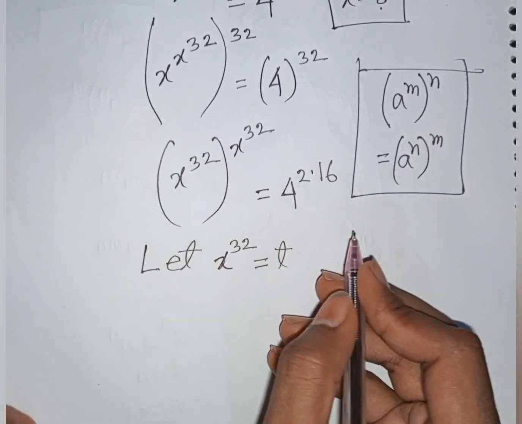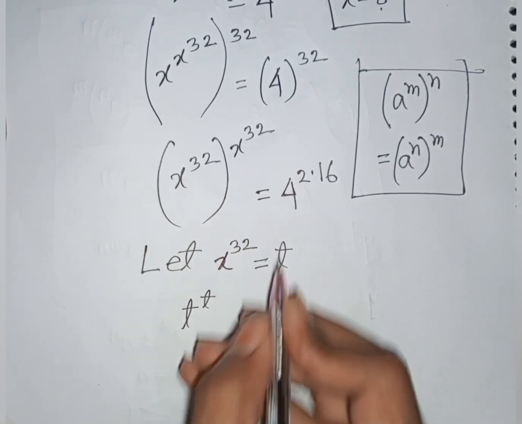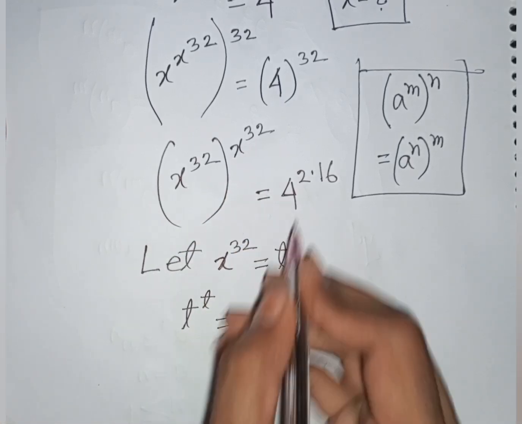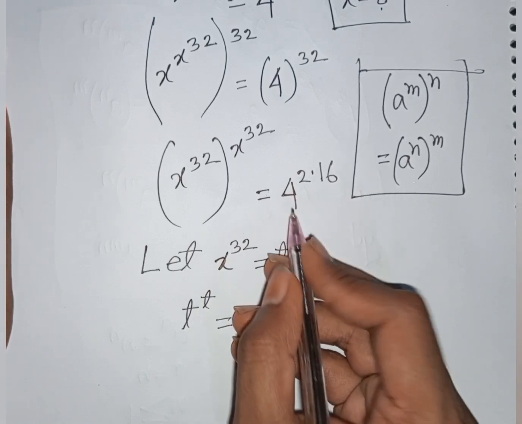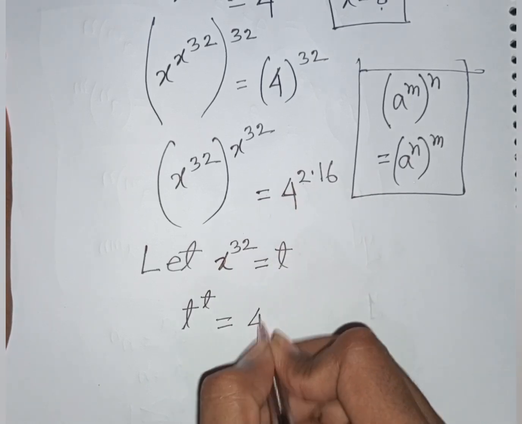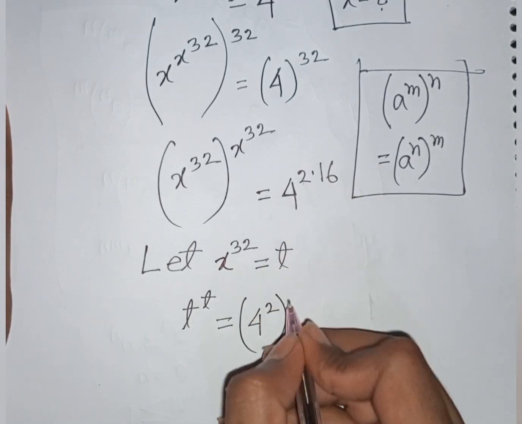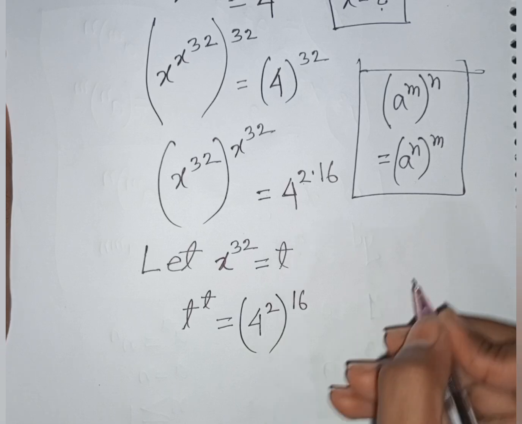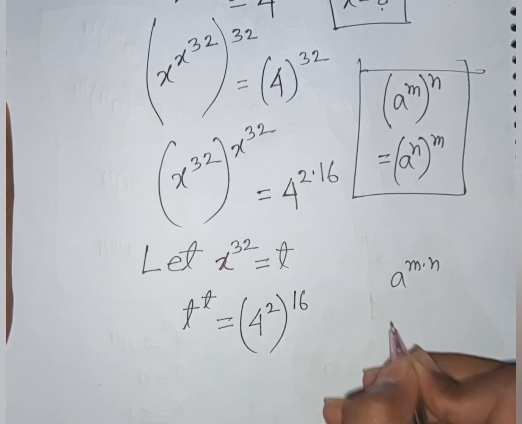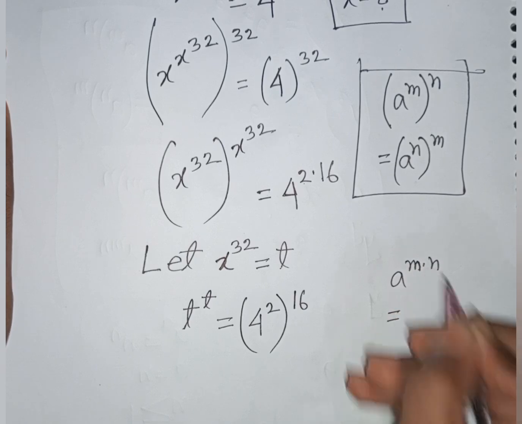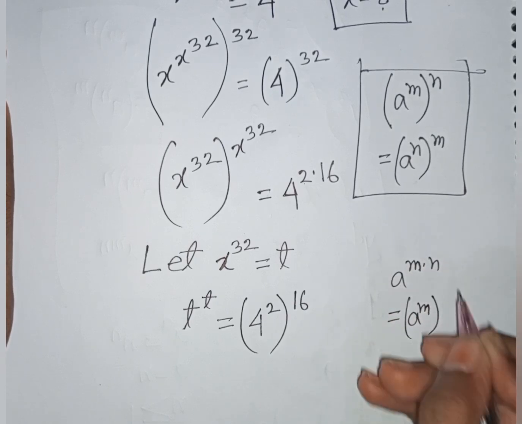So our equation will be t^t is equal to 4^(2 times 16), which can be written as (4^2)^16, according to the rule a^(m times n) is equal to (a^m)^n.